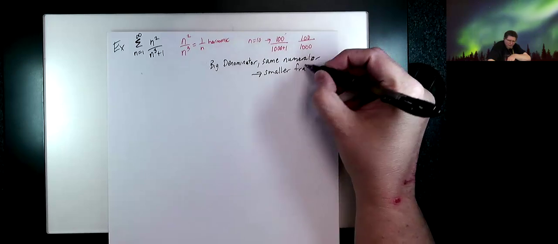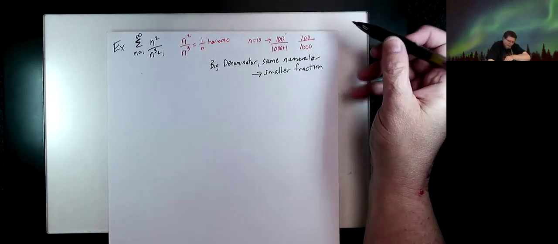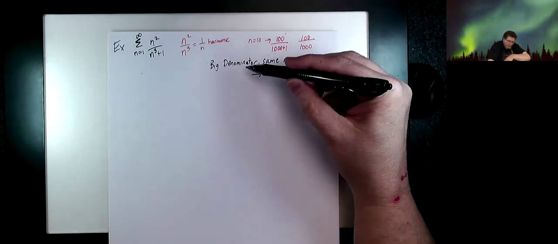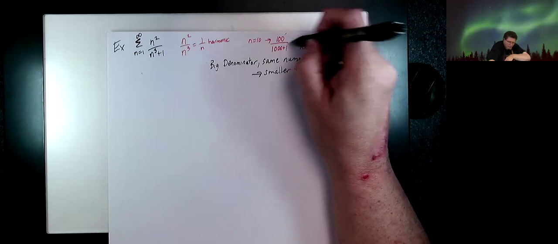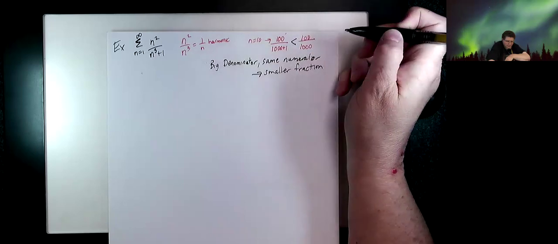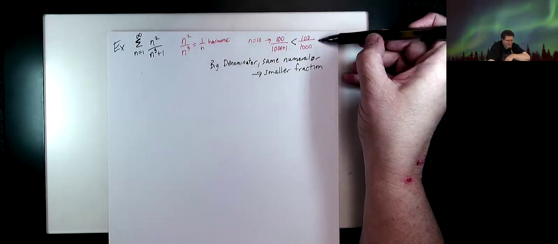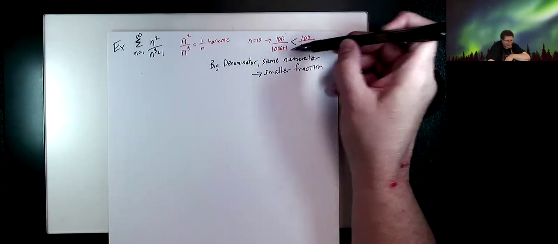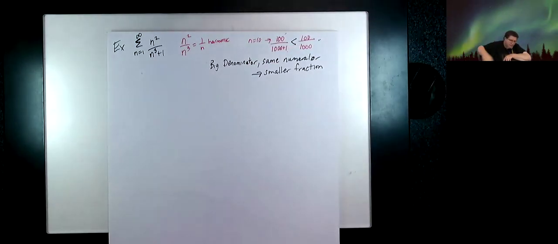And vice versa: a smaller denominator will lead to a bigger fraction. So this one has the bigger denominator, which means it's smaller than this one. And this one being divergent is in that doesn't-help-me case. This one can diverge and this one can converge still. So this is not helpful. This was an unhelpful choice.